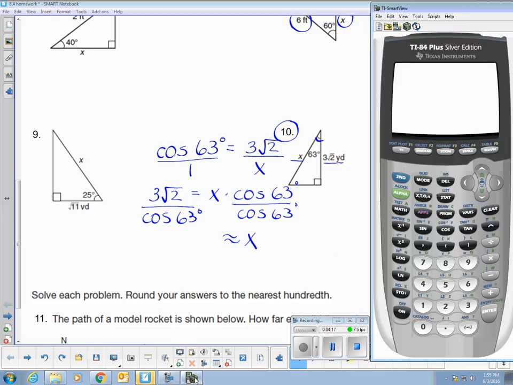All right, so we have to be a little bit careful about how we put this into the calculator because I want to divide all of this by the cosine of 63 degrees. So when I put that in, I want to group that 3 radical 2.